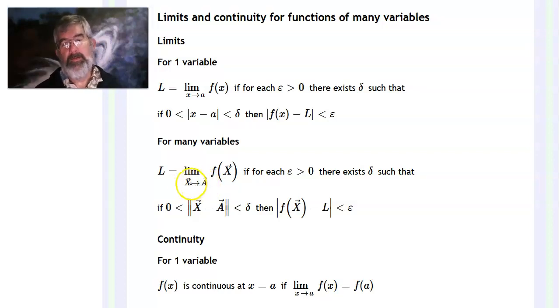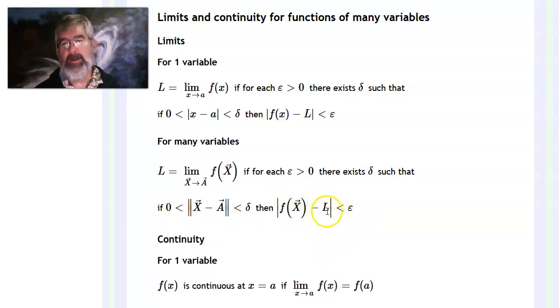And then those variables are being plugged into the function f. So this looks like a function of a single vector variable where the vector has n parts to it. So that's really a function of n real number variables. So anyway, we say L is the limit as vector x approaches vector A if for each epsilon bigger than 0 there exists a number delta such that if the norm of the difference between vector x and vector A, the length of the vector, is between 0 and delta, then the difference between f of vector x and L is less than epsilon.